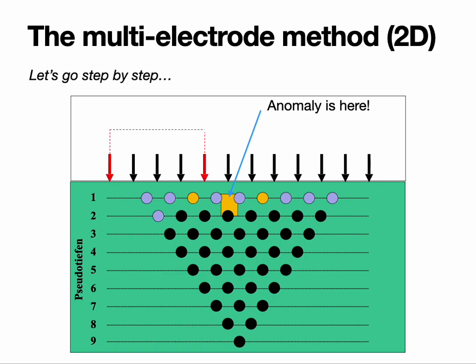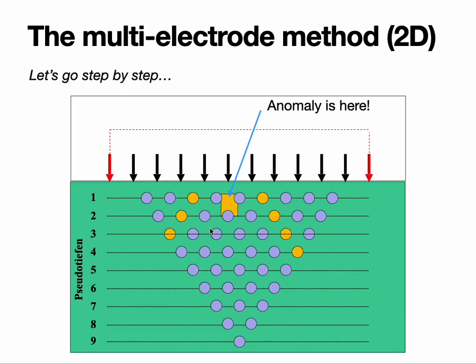So one can go in depth. If you increase the spacing between the two electrodes, you will measure a little bit deeper, and you will have the same effect. As soon as one electrode is above the anomaly, the apparent resistivity will be affected. And this goes on and on.